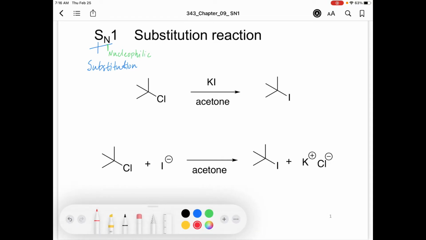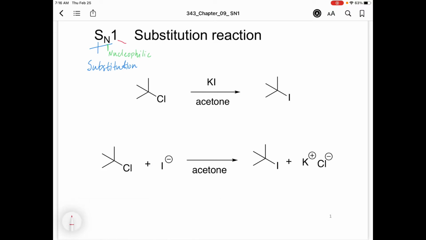And the 1 here means that it is unimolecular. The rate is unimolecular. We'll go through all 3 of these things in this video.